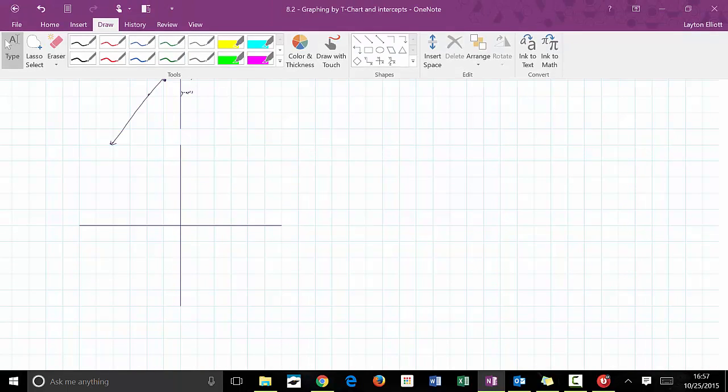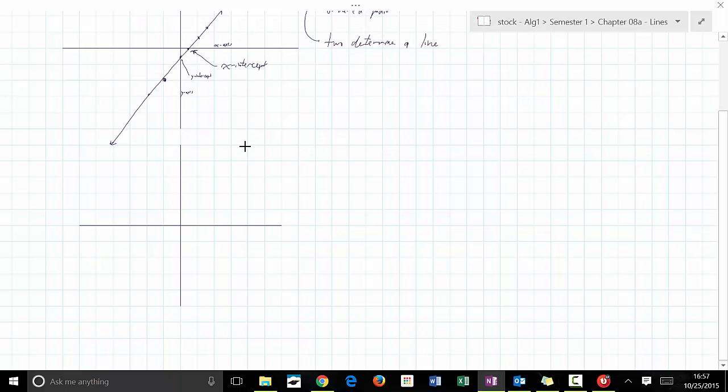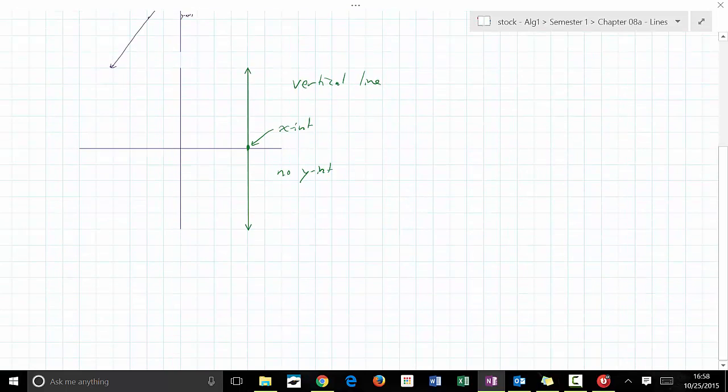Here is a type of line that does not have a y-intercept, but it does have an x-intercept. This right here is a vertical line. It has an x-intercept right here, but it has no y-intercept because it runs parallel to the y-axis, which is right here, and it will never cross it.